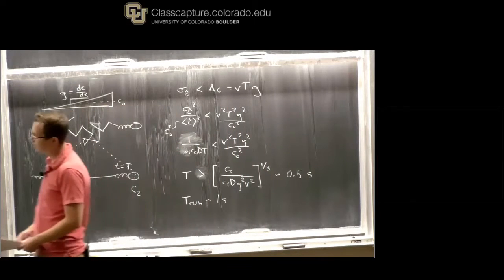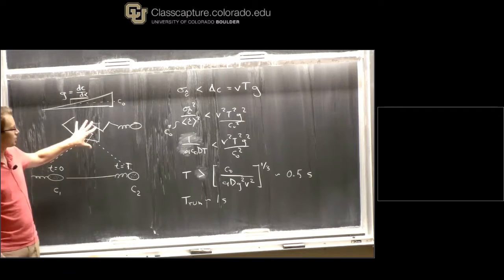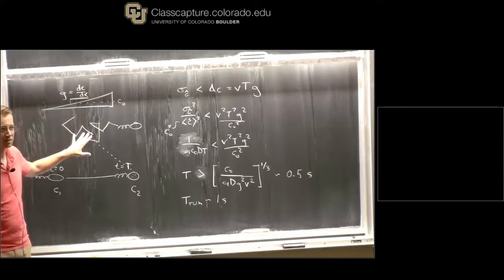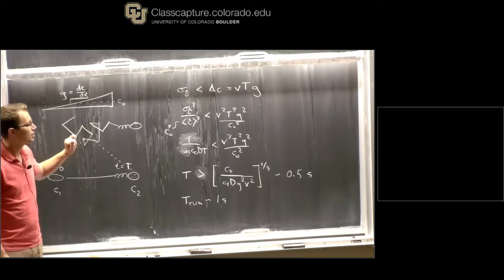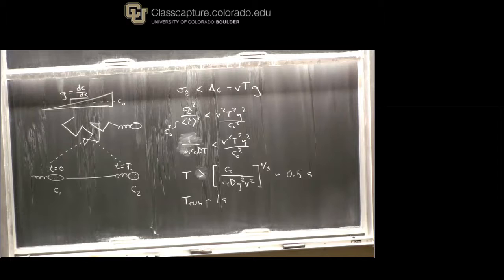So what I want to do is talk about gradient sensing in a little bit more detail, because this is a fascinating way in which a cell can detect a gradient, but it's not the only way by far. And there's a much simpler way to do it, but it's really not observed unless the cells are big enough, right? So bacteria are about a micron.